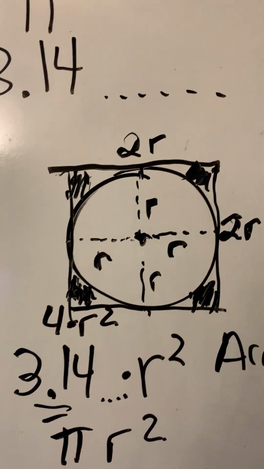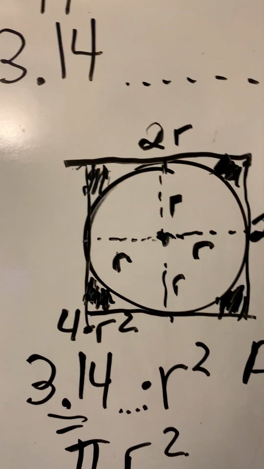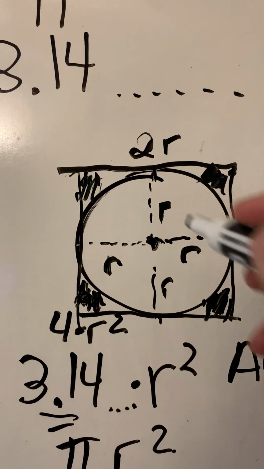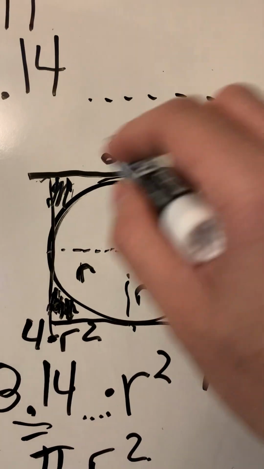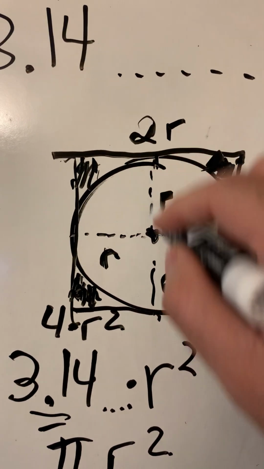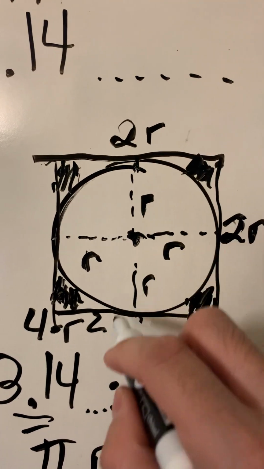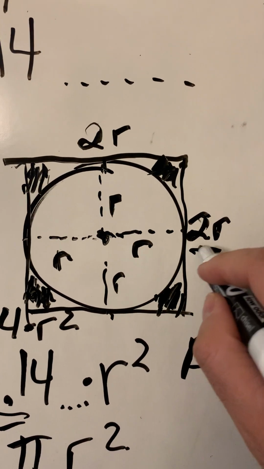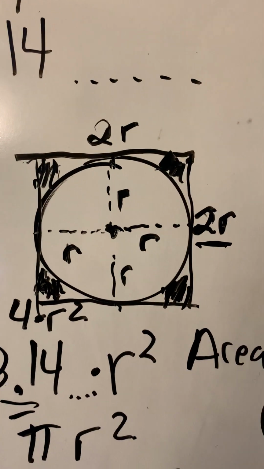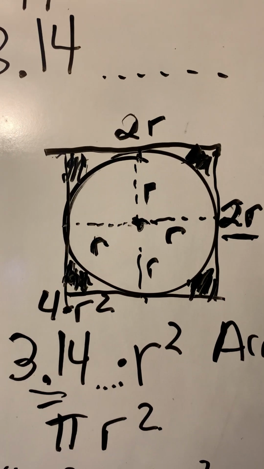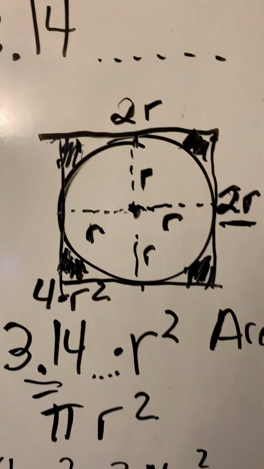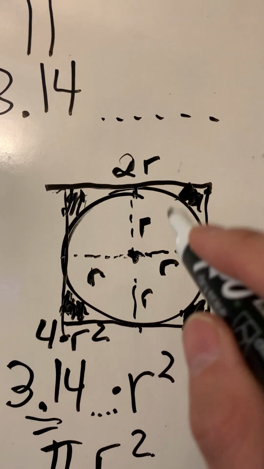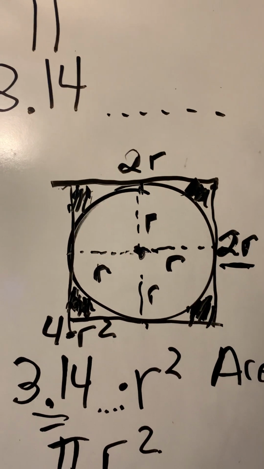So that's one way. If you're trying to remember what's the area of a circle, just think that the circle is within a square, and therefore the square's dimensions are the same as the diameter, or 2r. This square's area is 4r squared, and I know the area of the circle is slightly less than the area of the square because the circle leaves these empty spaces, so it's got to be less than 4, so it's around 3 something.